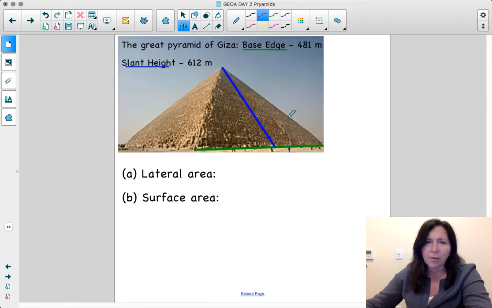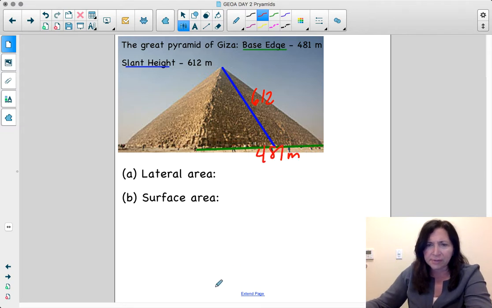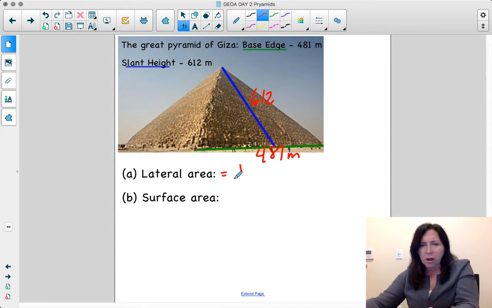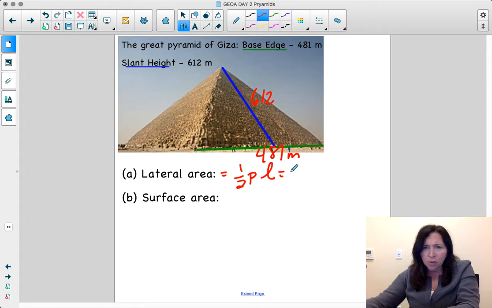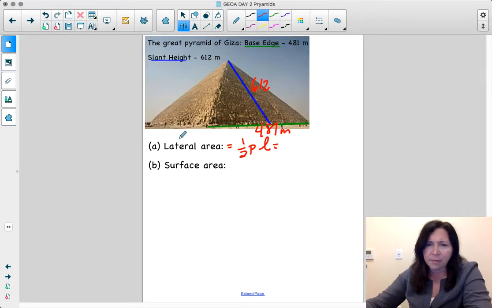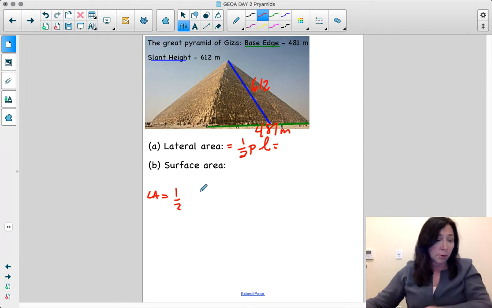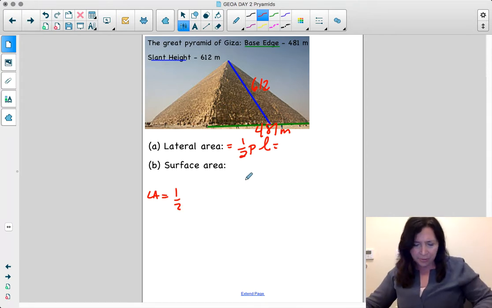So what we have is a Great Pyramid, and this pyramid has a slant height of 612 meters and one base edge of 481 meters. So the lateral area, if you recall, again, is 1/2 perimeter times my slant height. I'm going to put that down here. So lateral area is going to be 1/2 my perimeter. I'm going to use my calculator.